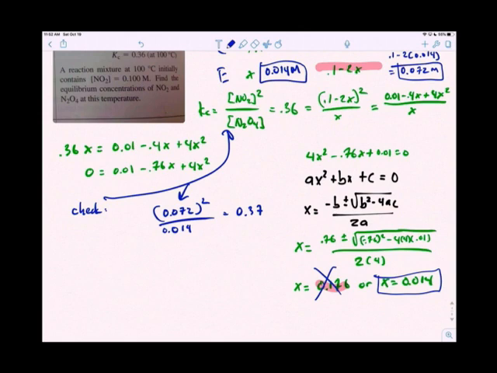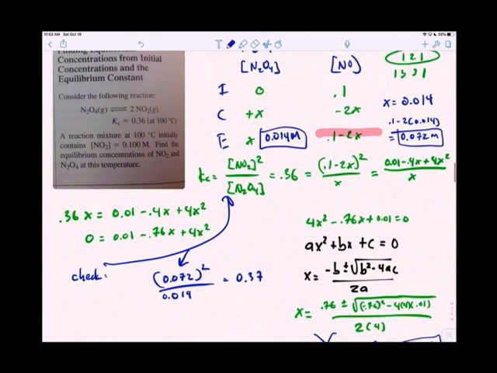We have to get rid of the 0.176 solution because it creates an erroneous situation. Using 0.014 as the extent of reaction, we get 0.014 molar concentration of reactants and 0.072 molar concentration of products in this chemical reaction. And because we're super awesome, we went ahead and checked it, and the check generates what we already know. So this is how to solve that one.